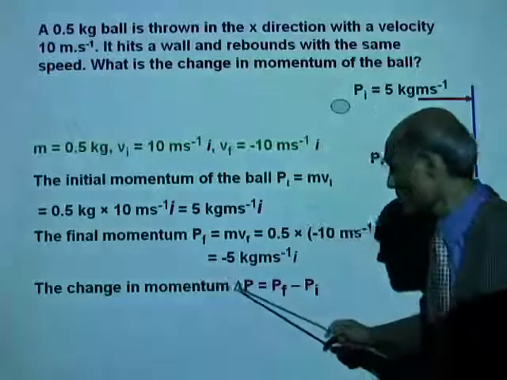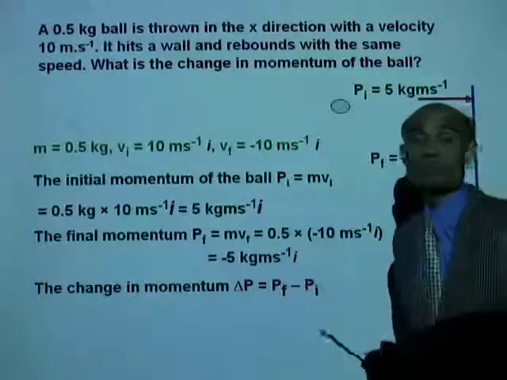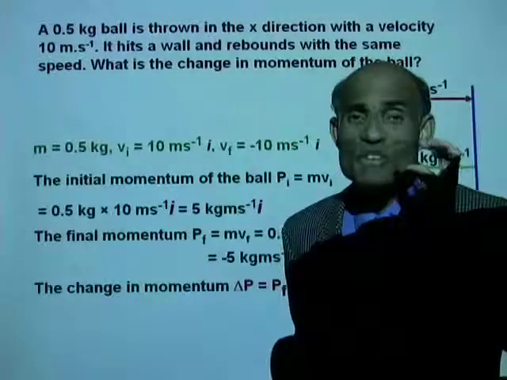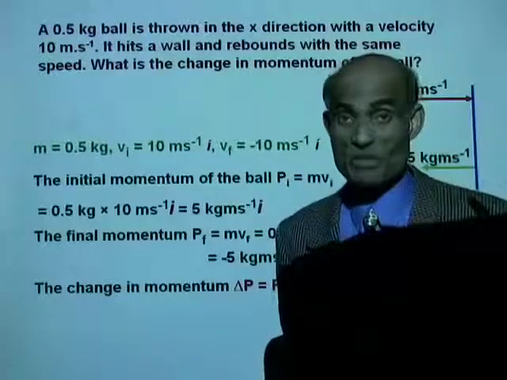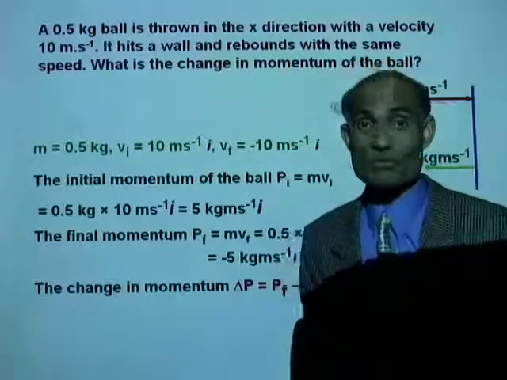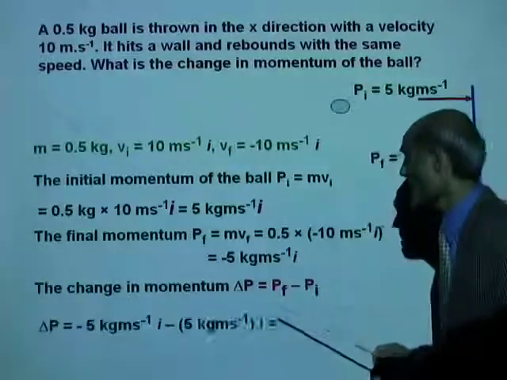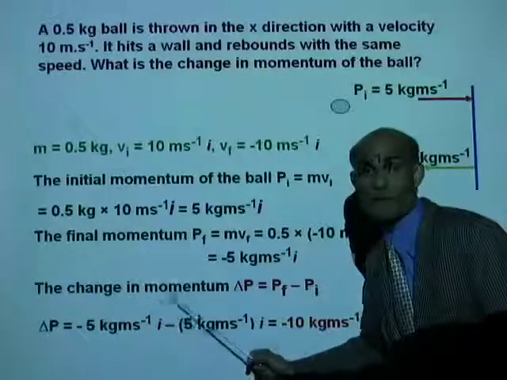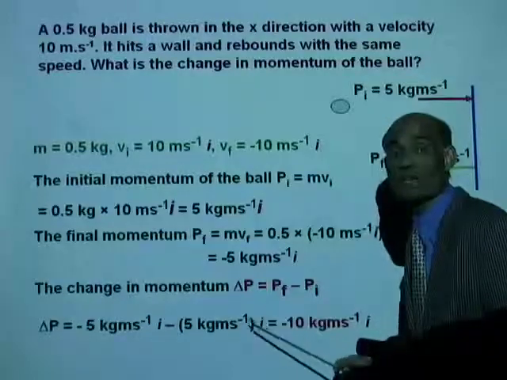So change in momentum delta P is Pf minus Pi. I know at least some of you thought in your mind that the change in momentum is zero. Is the change in momentum zero? No. The final momentum is negative 5 kilogram meter per second i, and the initial momentum is 5 kilogram meter per second i.